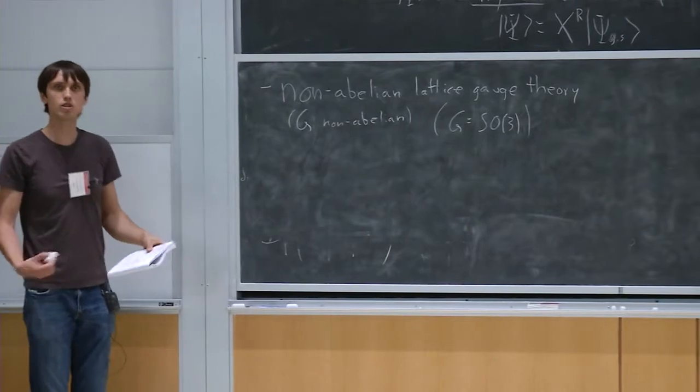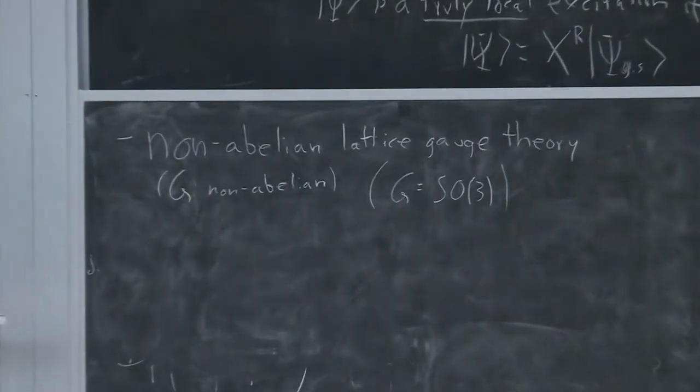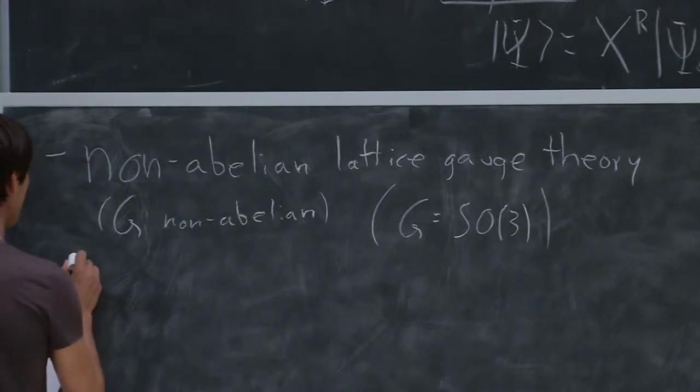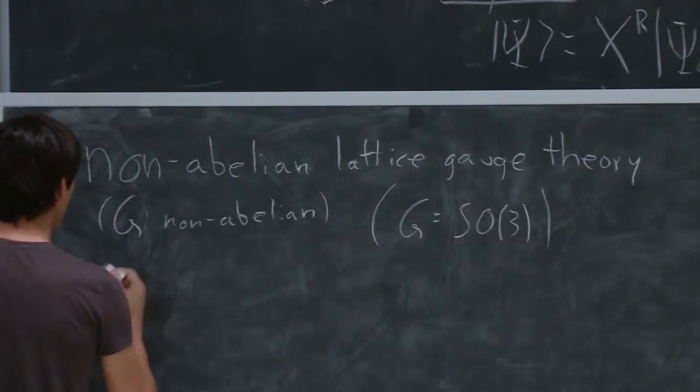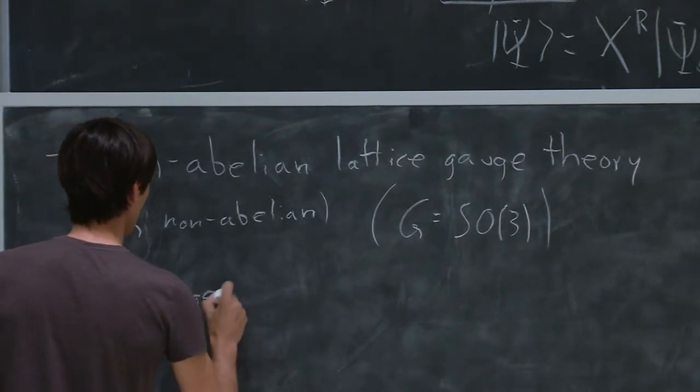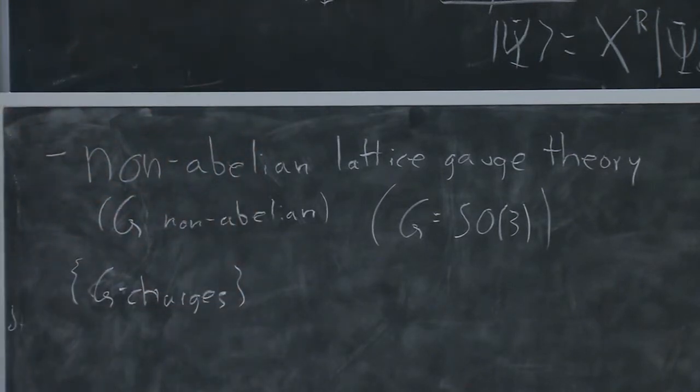But now there's an additional complication, or an additional feature, I guess you can call it, which is that some of these anyons, which correspond to the charges in this gauge theory, just like the string endpoint was a charge, a source of Z2 electric flux. In the non-abelian lattice gauge theory, you're going to have some charges which are sources of this non-abelian flux, and in general, charges in a gauge theory correspond to representations of G.